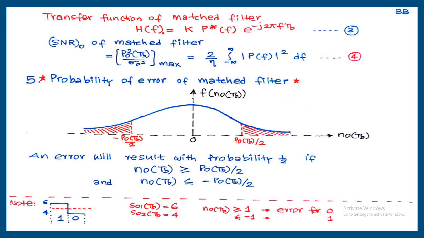Transfer function of the system is k P complex conjugate f e raised to minus j 2 pi f Tb. And if this is the transfer function, the sign is always equal sign, not less than or equal to sign. So once it is equal, it is always maximum. So SNR output of matched filter, P0 square Tb upon sigma 0 square max, is equal to... why is it writing maximum?